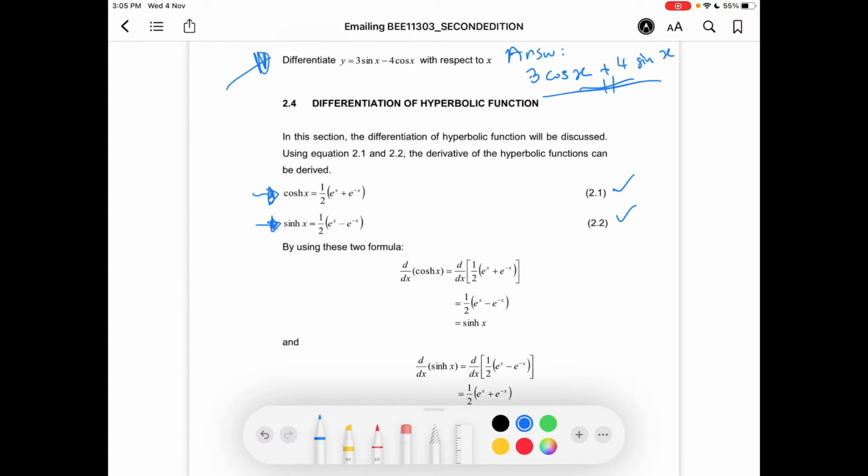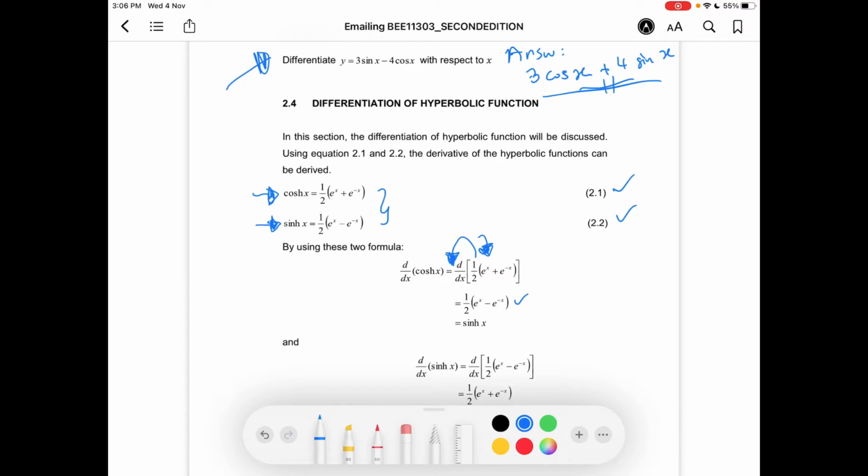Alright, so based on these two formulas, when we do the differentiation for the hyperbolic cos x, we are differentiating the equation here, and we will get this as the result of it. So half is a constant, so you can take it out from the differentiation.